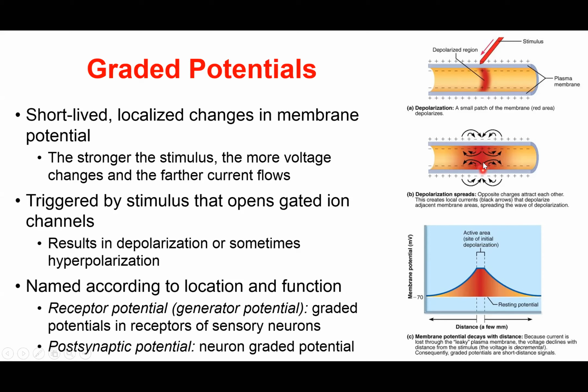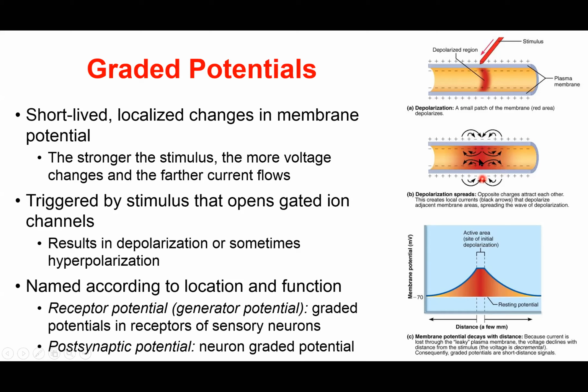Well, it's sitting next to opposite charges, it's attracted to those opposite charges that are sitting right next to it. And so that's going to create a current. And that is going to spread the depolarization from this one spot to now maybe this whole section.